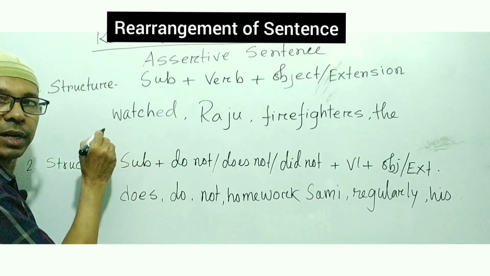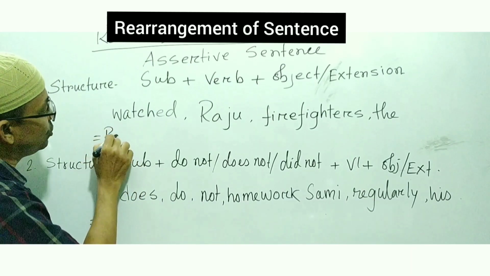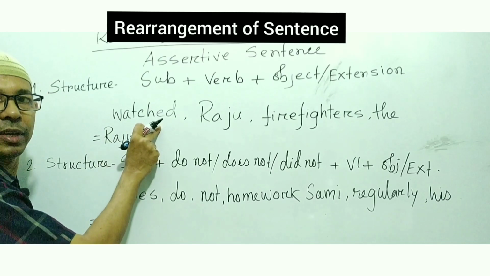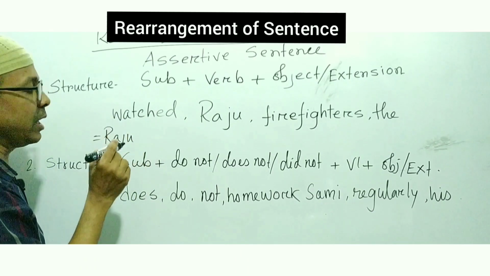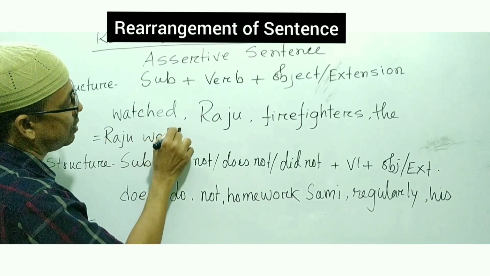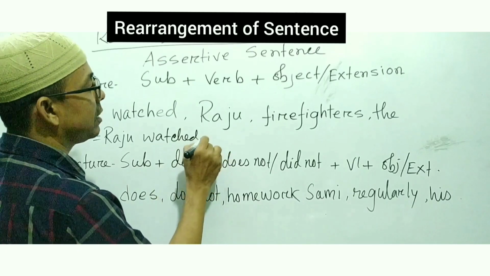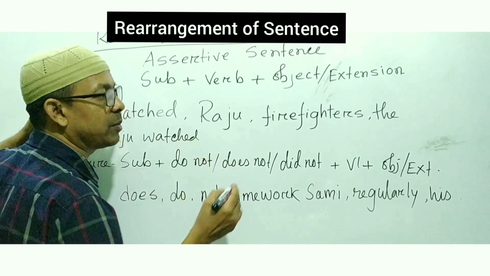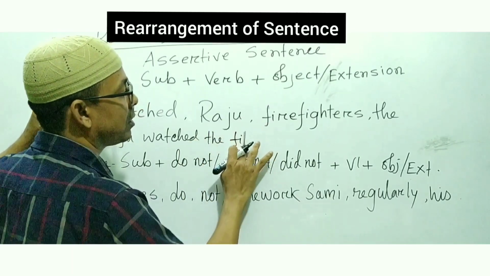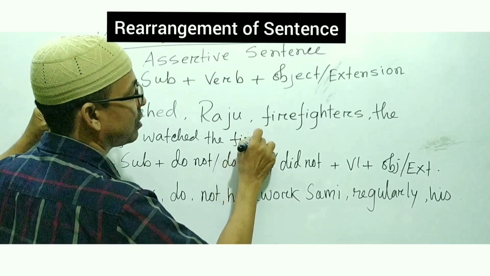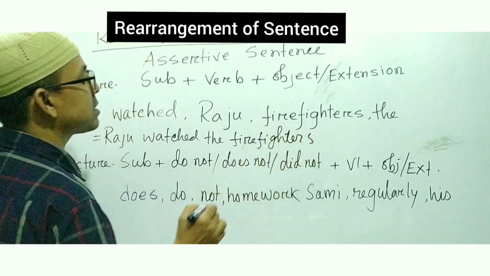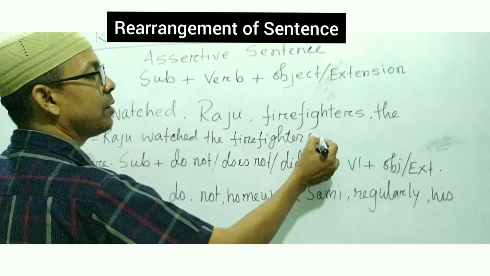So here you can write Raju, then the verb watched, okay, observe carefully. So Raju watched, whom? Raju watched whom? The firefighters. Raju watched the firefighters.